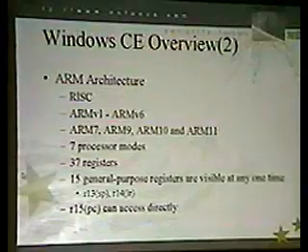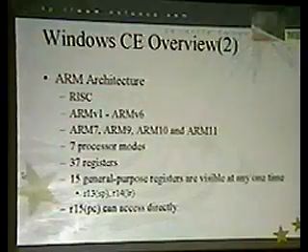ARM processors support 7 processor modes depending on the architecture version. These modes are user, FIQ, IRQ, supervisor, undefined, abort, and system. The system mode requires ARM architecture v4 and above.